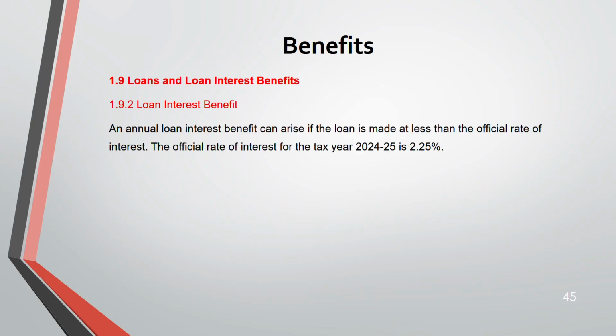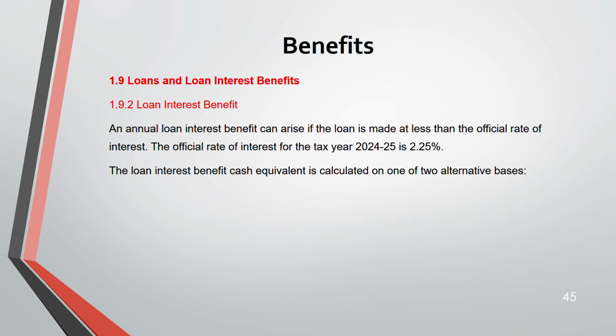Here, when an employer is giving their employee a loan at a lower interest than the official rate, which is 2.25%, it's a benefit for you because you are receiving a loan at a lesser price than the official rate. In this case, on two alternative bases you can calculate the interest benefit. Number one is known as the average method.